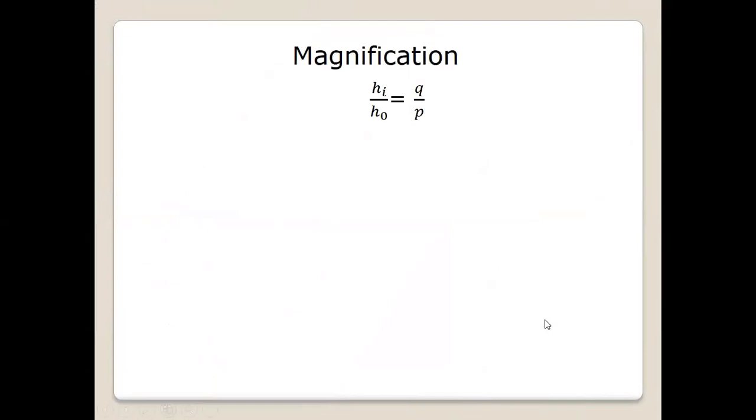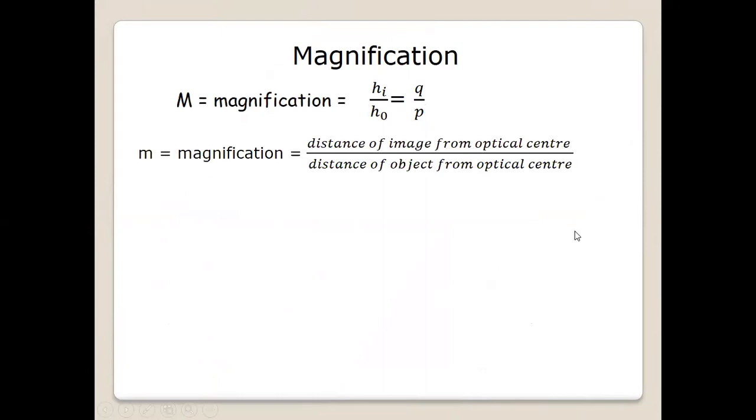Now the magnification formula from the lens equation: the ratio of the height of the image to the height of the object is the same as the ratio of the distance of image from the optical center to the distance of object from the optical center.